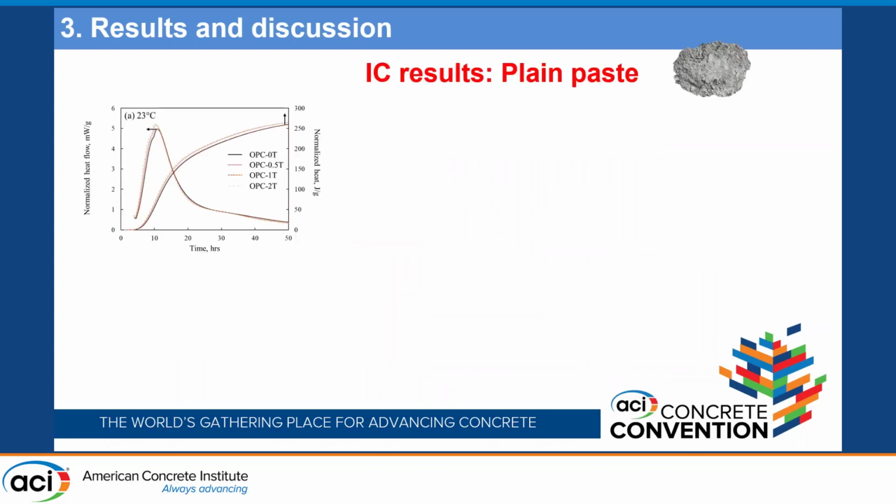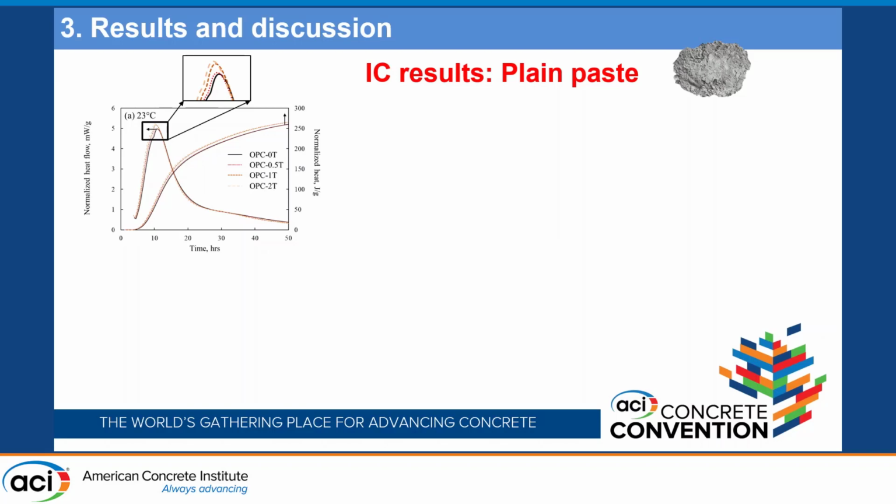And if you look at the results for the plain paste, you can see that at 22 degrees we have a certain behavior, and if you look at the magnified version near the top of the peak, you can see slight differences resulting from the addition of various percentages of nano titanium dioxide.